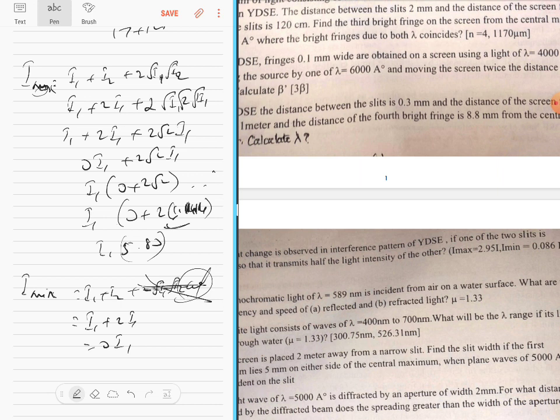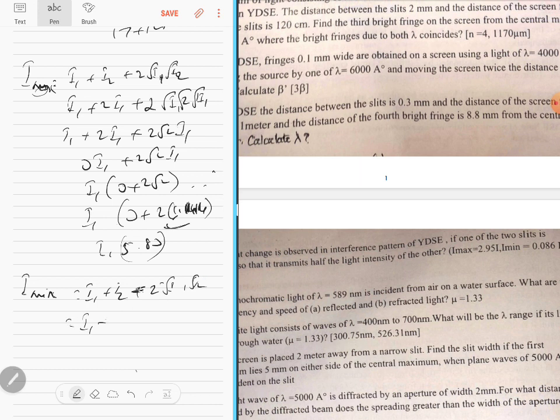No, the minima is occurring at 180 degrees. So I1 plus I2 plus 2 root I1 I2 minus 2 root I1 I2 is what you'll get, and again phi is 180, because of that it became minus.